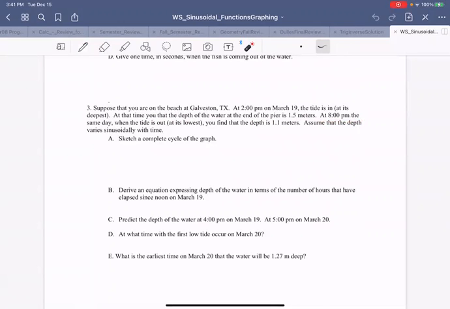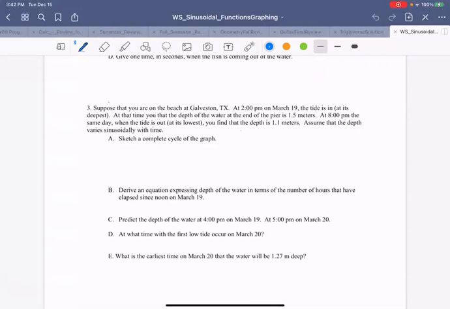At 8 a.m. the tide is out. Lowest. The depth is 1.1 meters. So that's two different amplitudes.